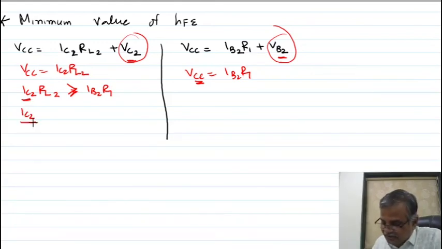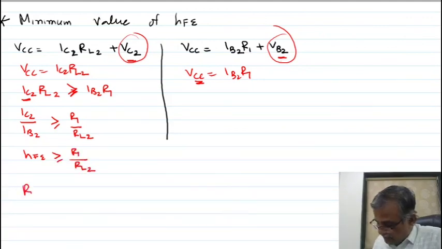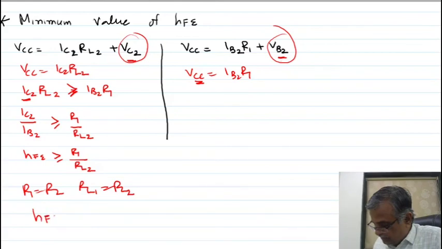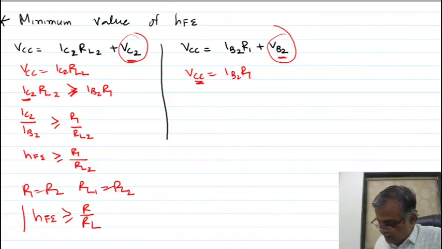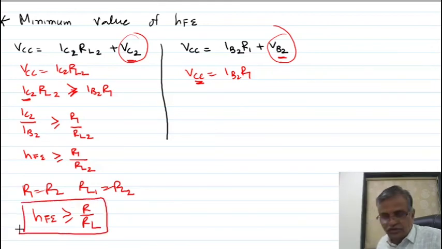So I can write it this way also, and this is your HFE. If I take R1 equal to R2 and RL1 equal to RL2, then you have to select the resistance values such that this condition is satisfied to ensure the oscillations.